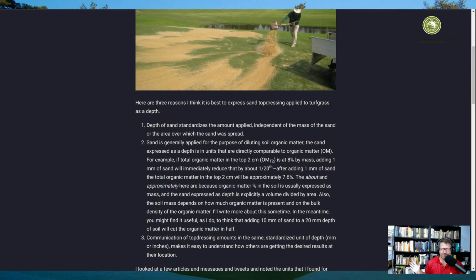And of course, if you add 2 centimeters of sand or 20 millimeters of sand, you would now drop your total organic material to 0. But you wouldn't have grass anymore because you would have replaced all of the plant material and all of the organic material in that root zone with just sand. So now you've got a sand green. So I think it's really useful when you're doing the OM246 type of testing to consider that as a simple way to make some estimates of how much sand may need to be applied.